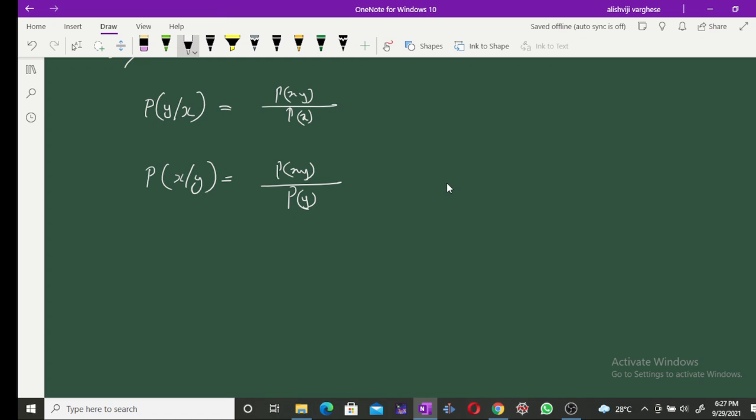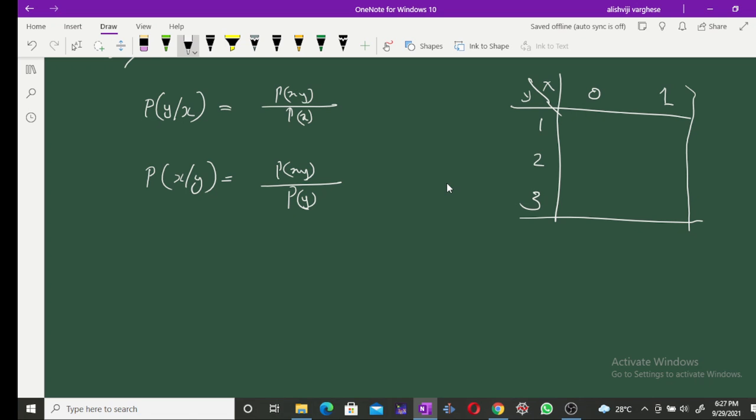Let us consider a random experiment in which we have two random variables x and y, and the joint probability density function is given. X takes two values 0 and 1, and y can take three values 1, 2, and 3. So this is our case.